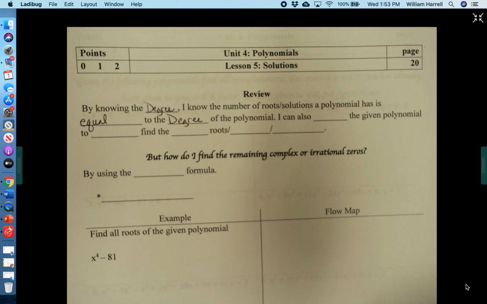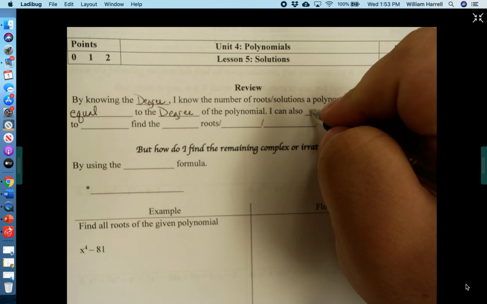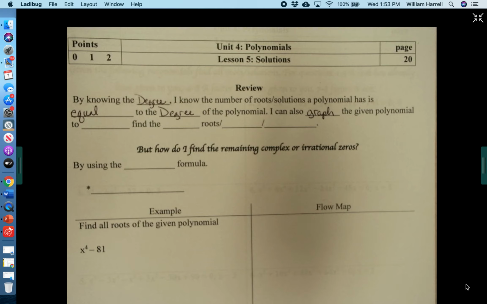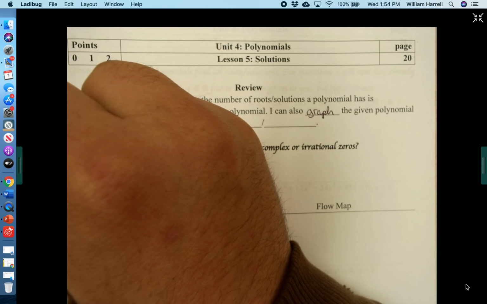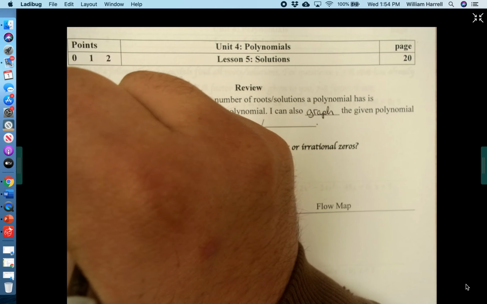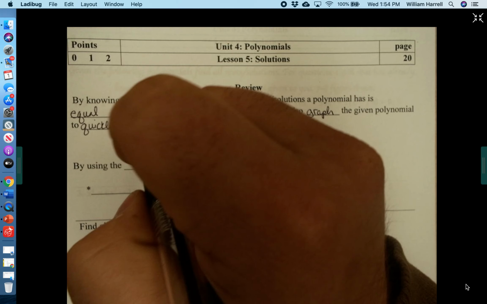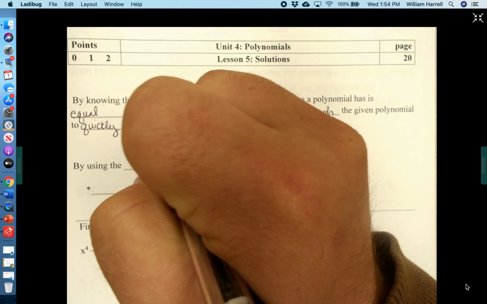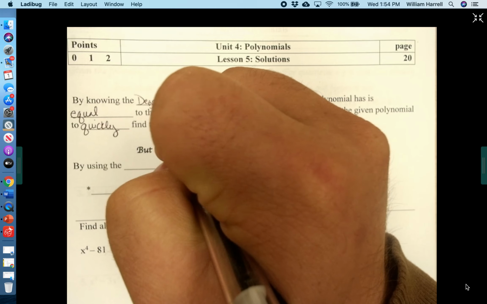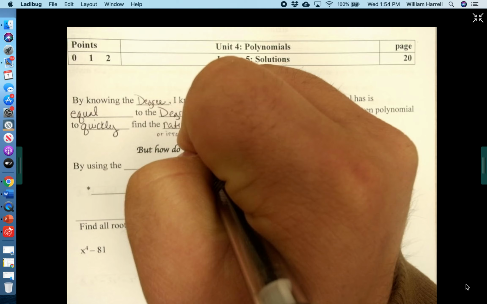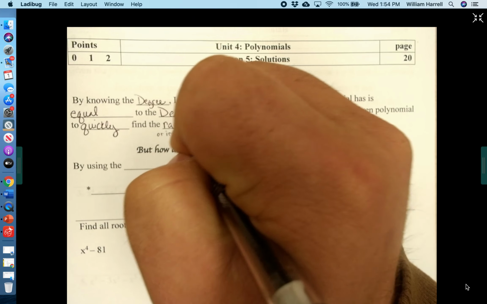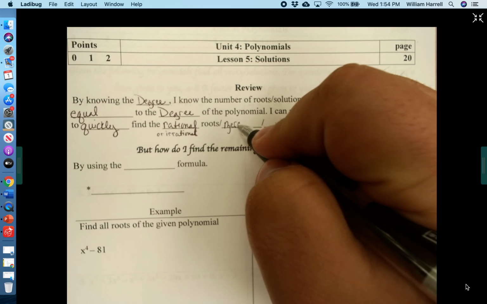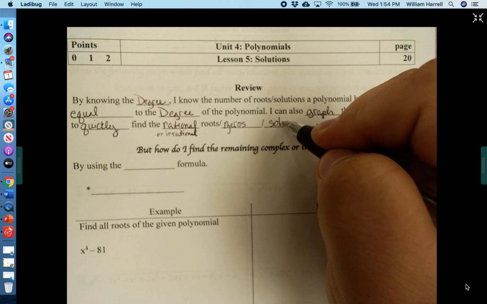You can also graph the given polynomial to quickly or easily find the rational or irrational roots, zeros, solutions.